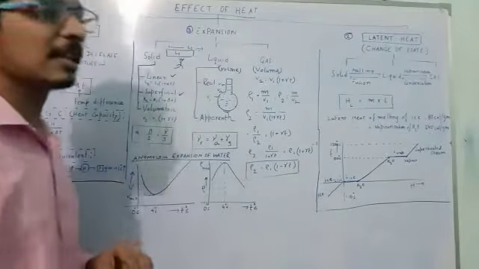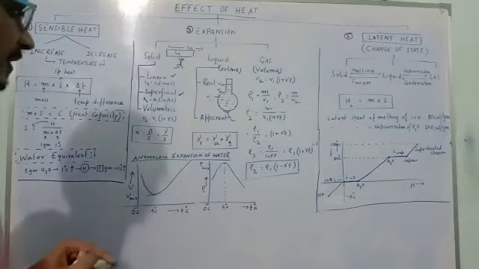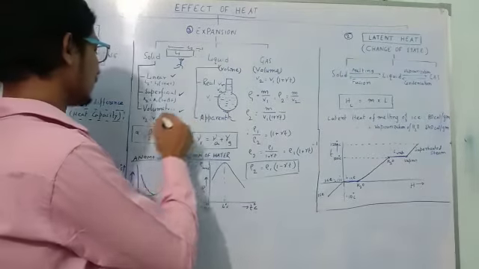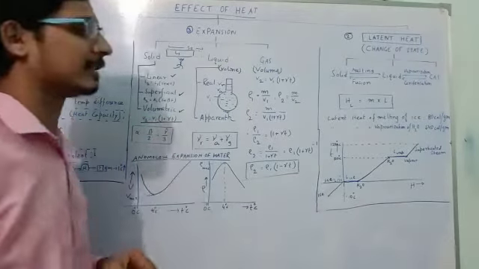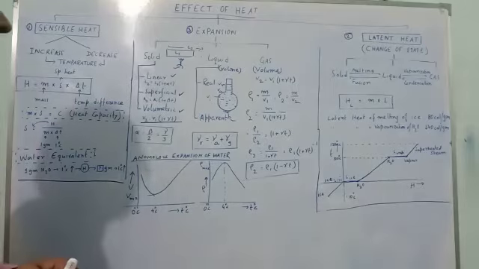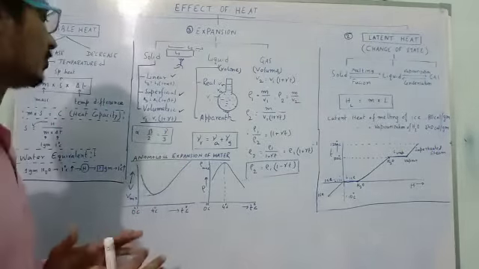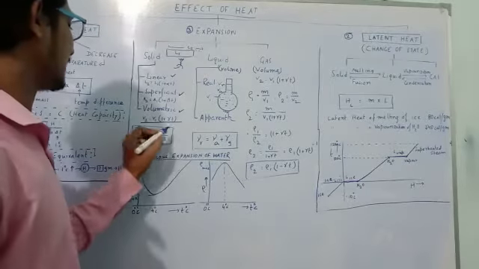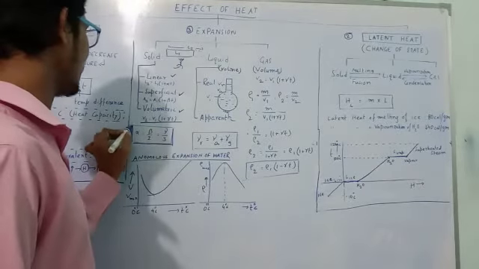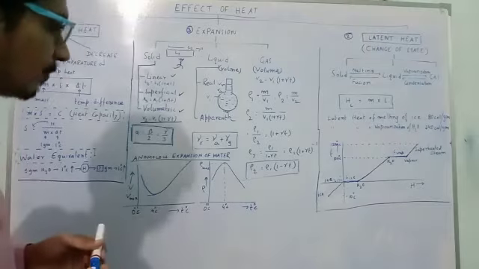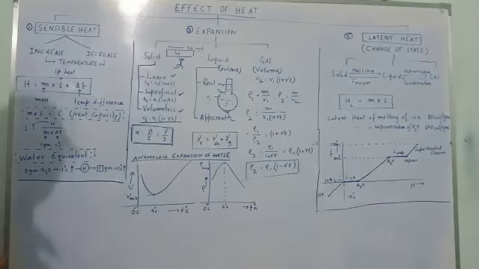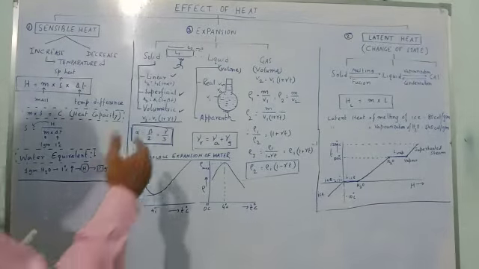And the last one is volumetric expansion. Final volume will be initial volume into 1 plus gamma T. Gamma is called the coefficient of volumetric expansion. This is the relationship between alpha, beta and gamma: alpha is equal to beta by 2 is equal to gamma by 3.